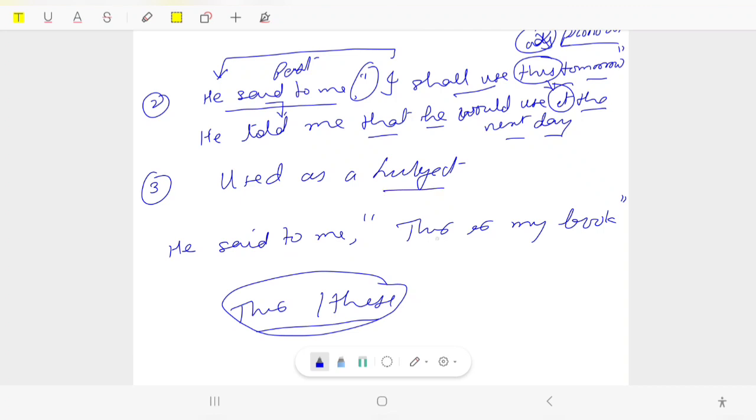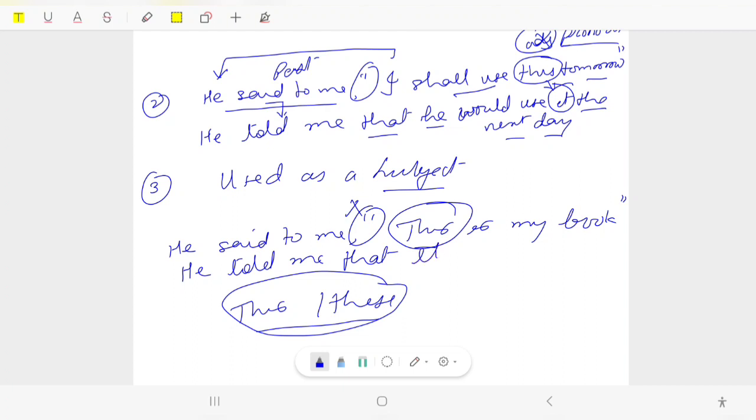In this condition also, "this" will not change into "that." See here, "he said to me" became "he told me." "That" is used here as the subject, so it will not change. It will remain as it is.